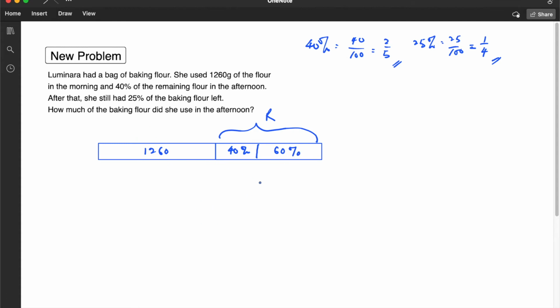Now we are also told that after using the morning and the afternoon part, she will be left with 25% of the total.